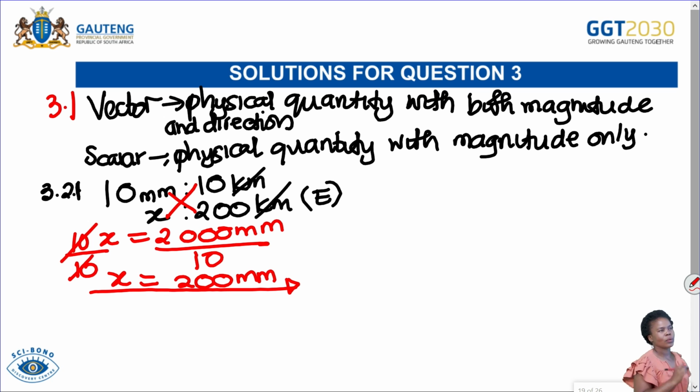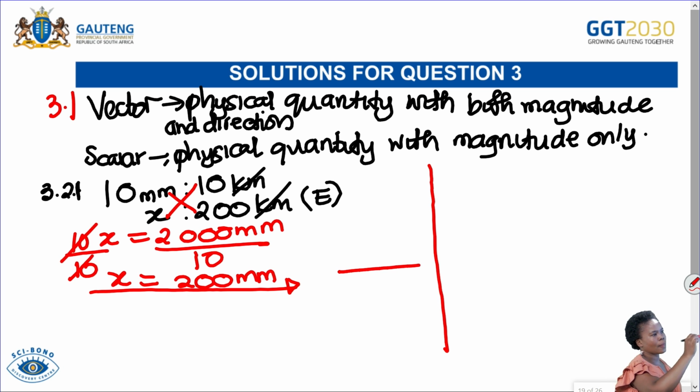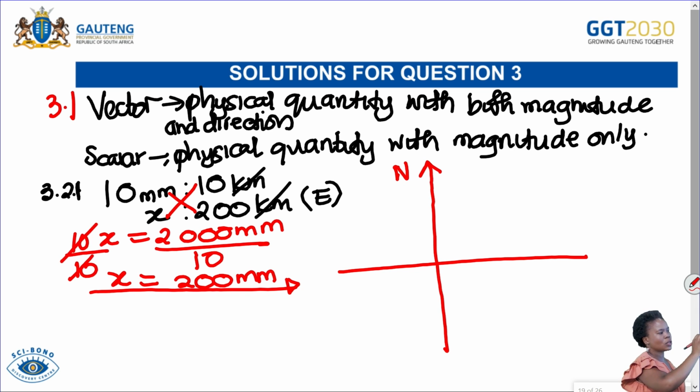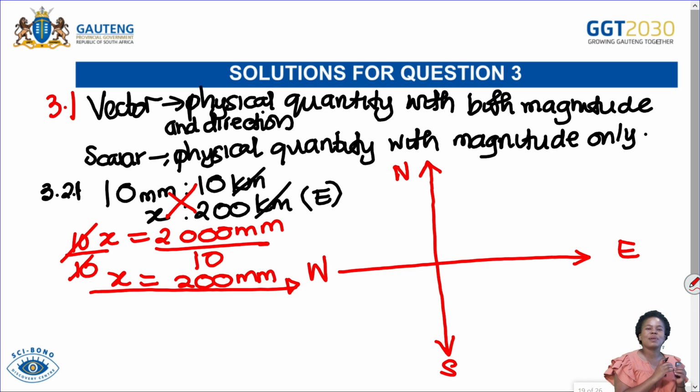Okay, so in the easterly direction, you draw your Cartesian plane. I hope that is straight enough. Remember, this is your north and this is your west. This is your east, and this is your south. Right, and then using your ruler, you measure out nicely your 200 millimeters.